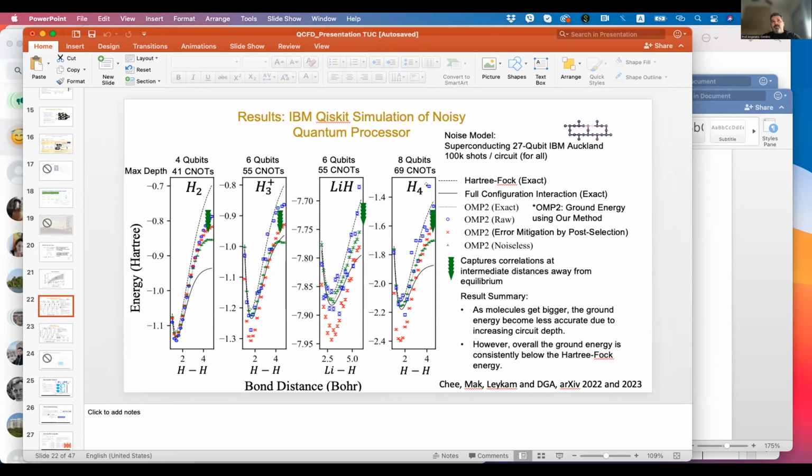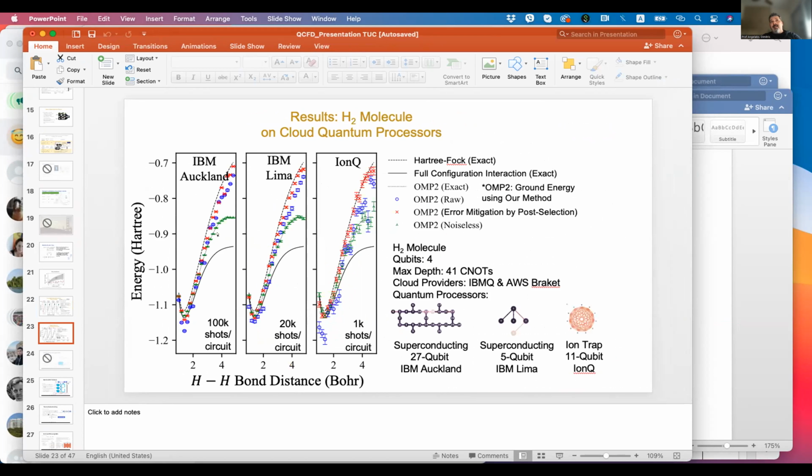However, when you go up to 69 CNOTs, which doesn't sound very bad, if you really go on the hardware, it's very hard to go beyond, in this case, 41 CNOTs we could do for an H2 molecule.